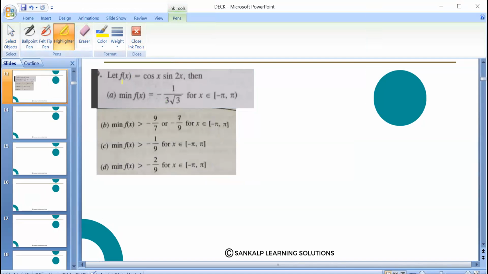According to the question, the function is cos x into sin 2x. You have to find the minimum. Because the function is cos x into sin 2x, to find the derivative we have to use the product rule.